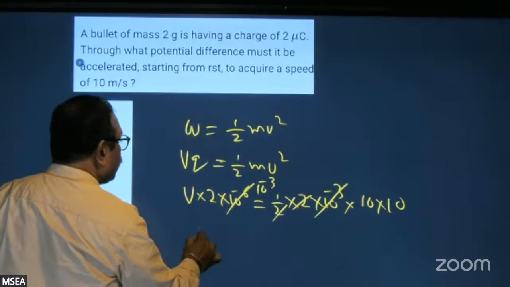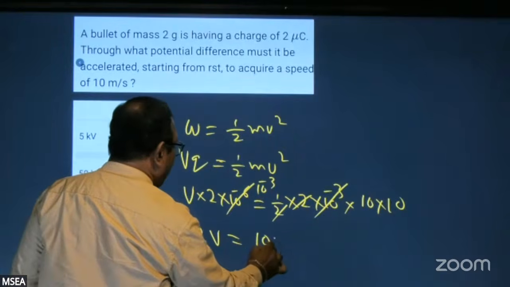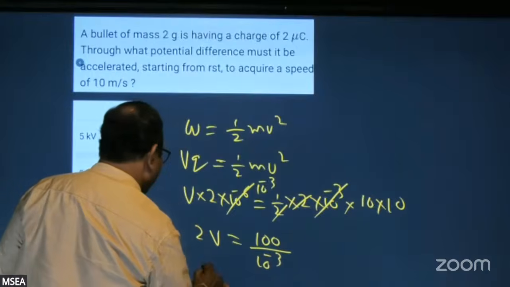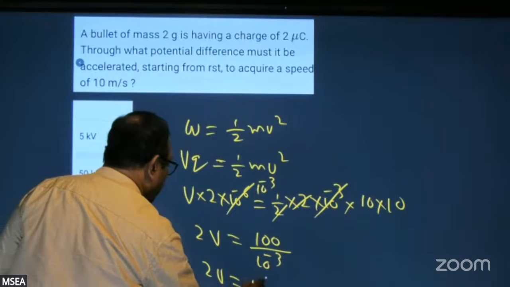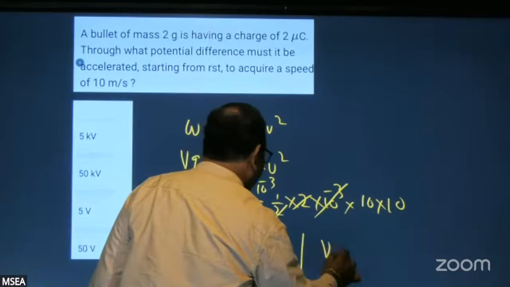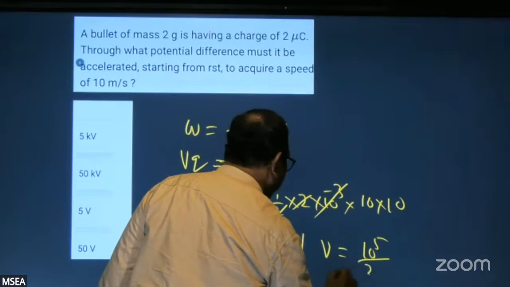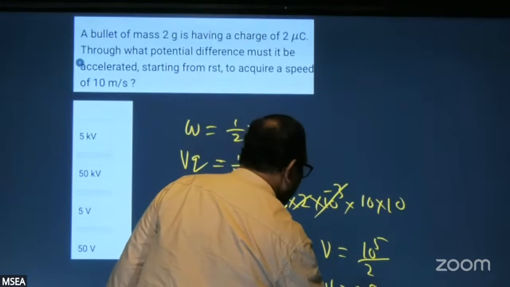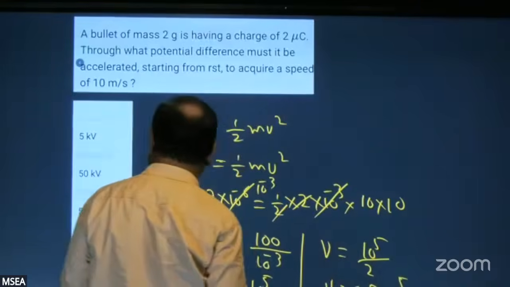Then 2V is equal to 100 by 10 power minus 3, or 2V is equal to 10 power 5, or V is equal to 10 power 5 by 2, which should be equal to 0.5 into 10 to the power of 5.